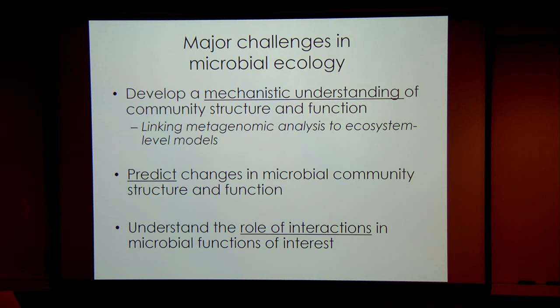And also, in terms of prediction, some of the interactions that microorganisms are involved with will be the biggest wild card within this. So trying to understand how we can model and understand these interactions within this context will be important as well.